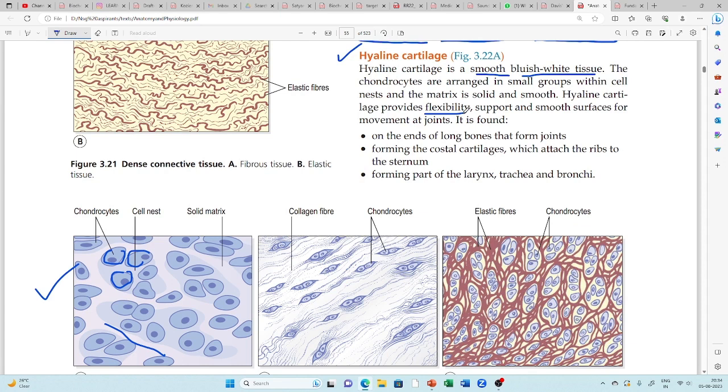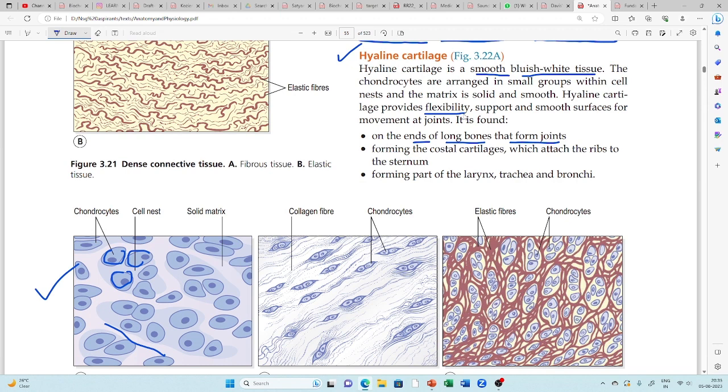It is found in joint areas. It has flexibility, gives support, and has smooth surfaces, and it is found on the ends of long bones that form joints. In our body we have many joints: shoulder joint, hip joint, knee joint, elbow joint.